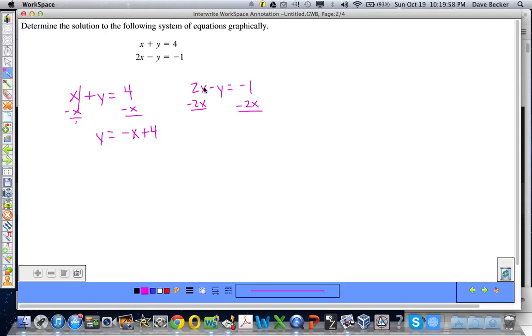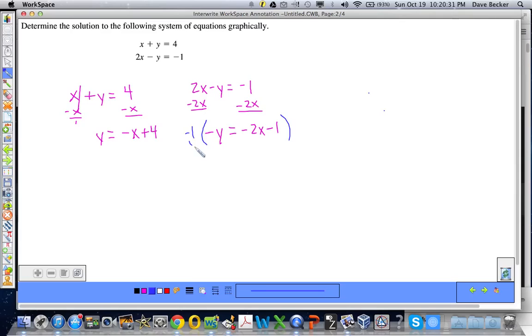And this goes away, 2x minus 2x is 0, so I'm left with negative y equals, I can't combine these because this has an x and this is just a constant, so negative 2x minus 1, and I need to solve for y, not negative y. So I'm going to fix that by just multiplying through by negative 1, or you could divide each term by negative 1 if you wanted to.